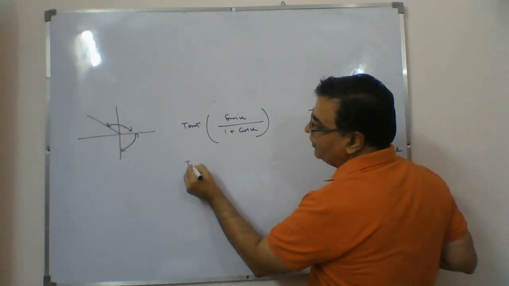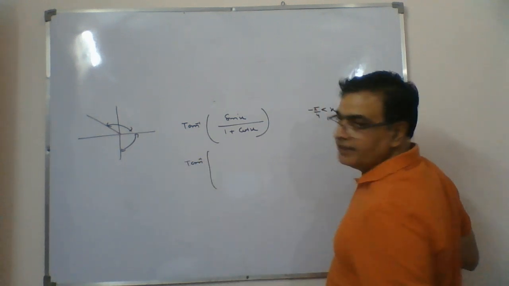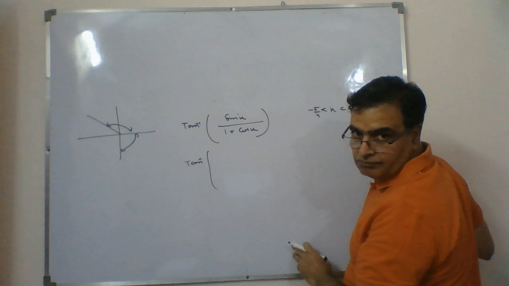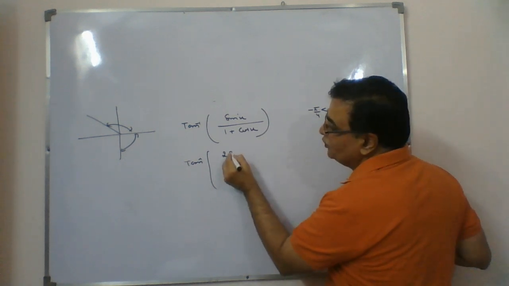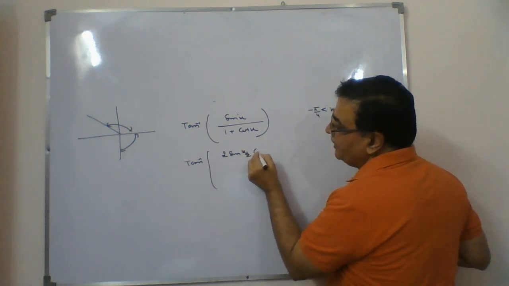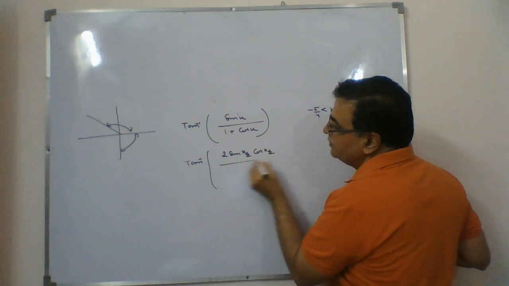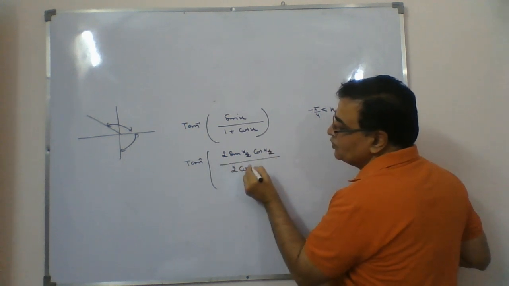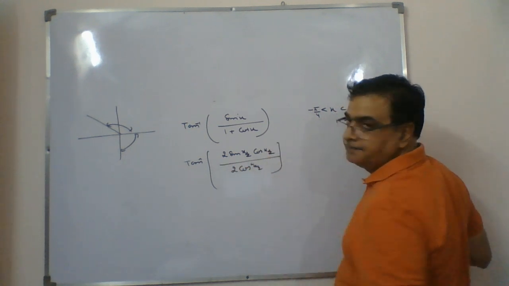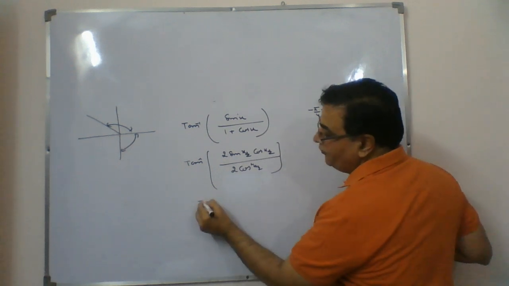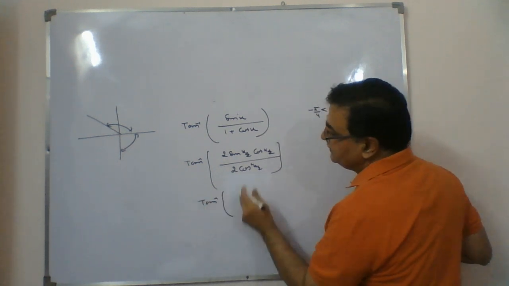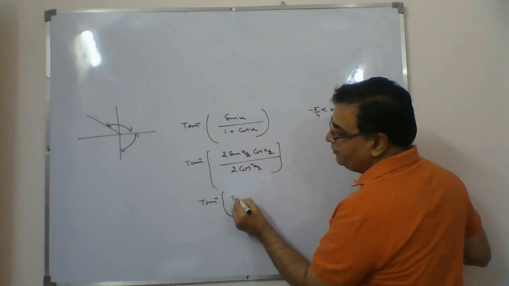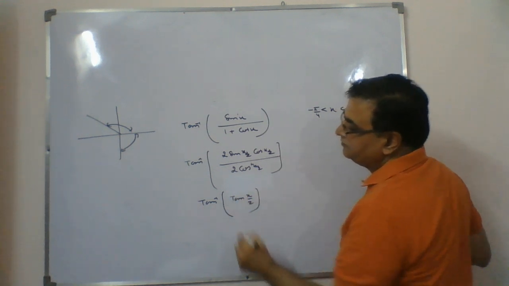Now in this case, we already have sine alone and cos in the 1 plus form. So write down 2 sin x by 2 cos x by 2 over 2 cos square x by 2. When you solve it, it will come out to be tan inverse. Cos gets cancelled out, so it will be tan x by 2.